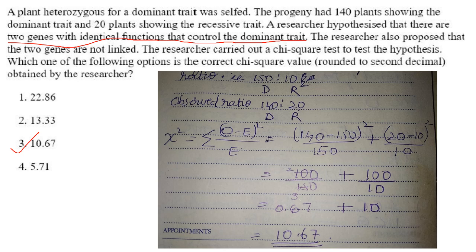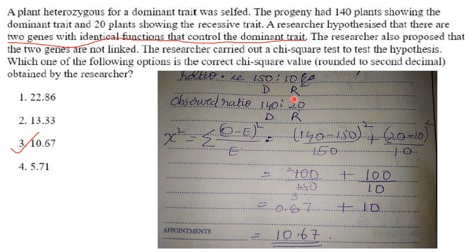Now he has hypothesized that two genes with identical function that control the dominant trait. That means it is the case of duplicate gene interaction and the ratio for duplicate gene is 15:1 in the F2 generation. So this is the expected ratio, that is 150:10. Over here you can see in the photo. 150:10.